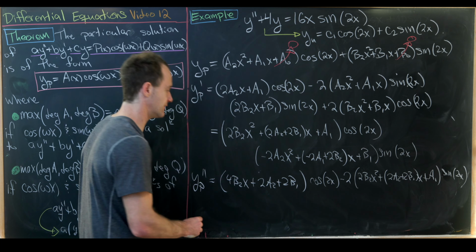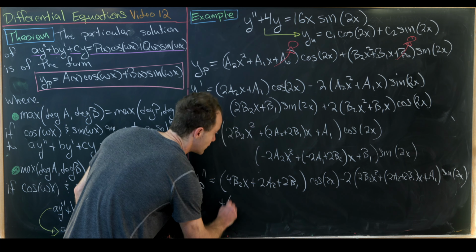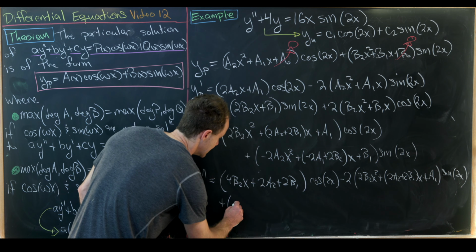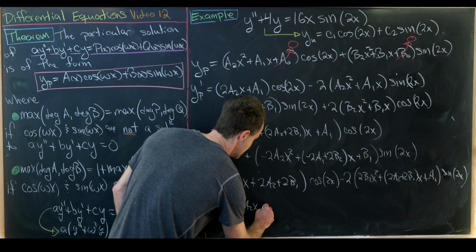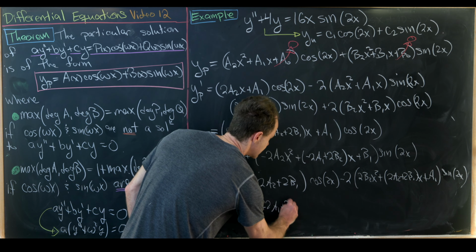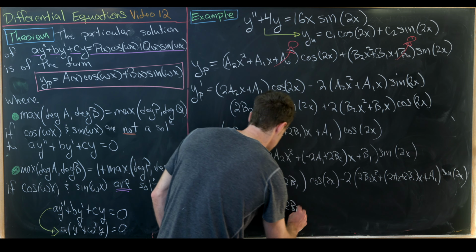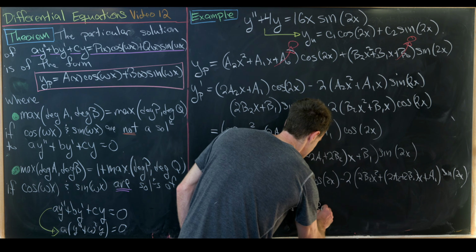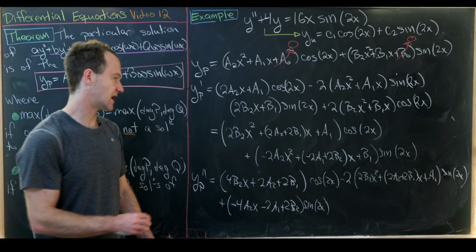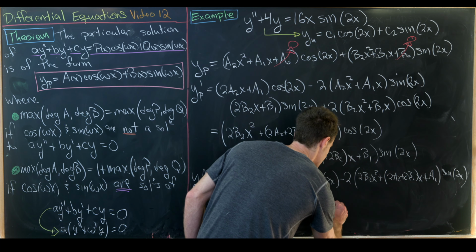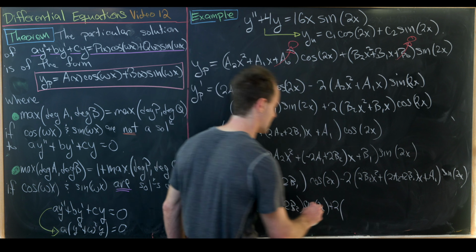Then taking the derivative of this, so that'll leave us with plus a minus 4a2x, and then minus 2a1 plus 2b2, and that's all attached to sine of 2x. And then taking the derivative of the sine portion will give us plus 2 times the same polynomial.